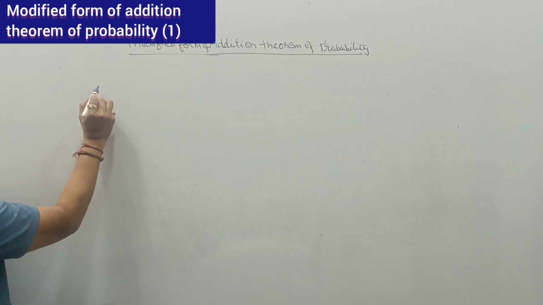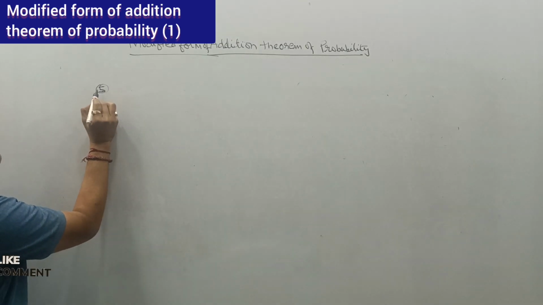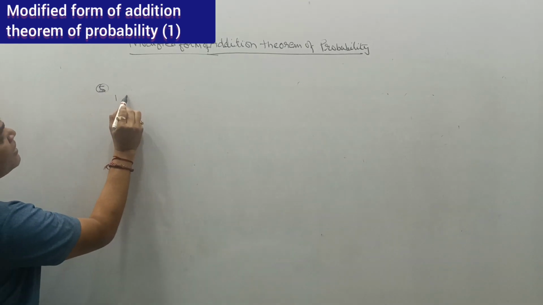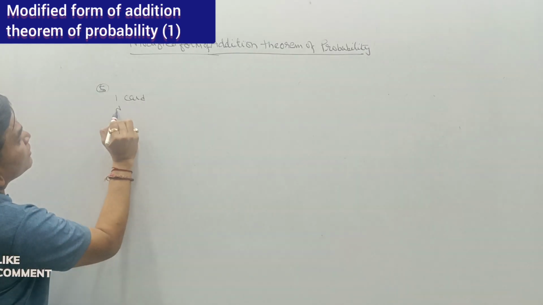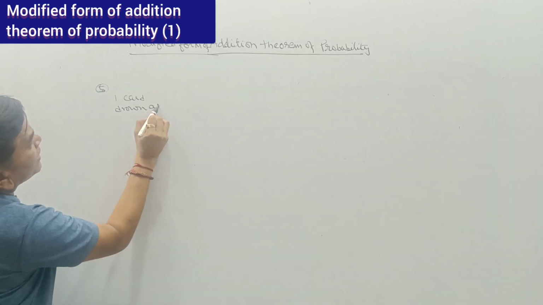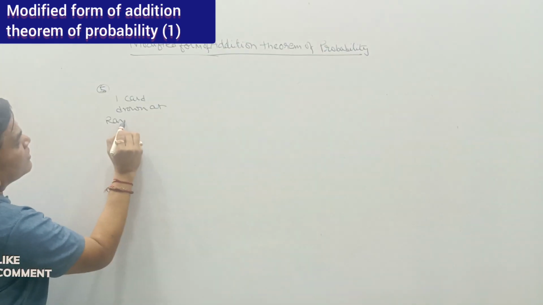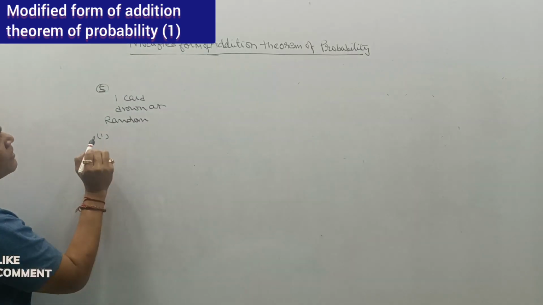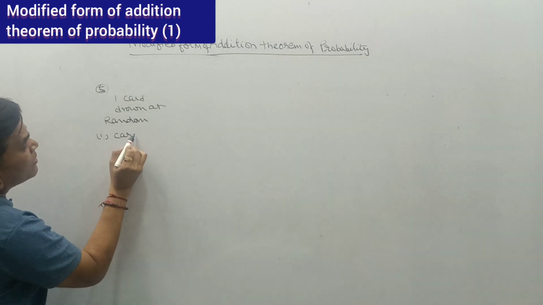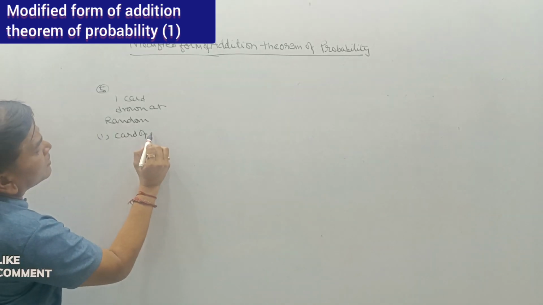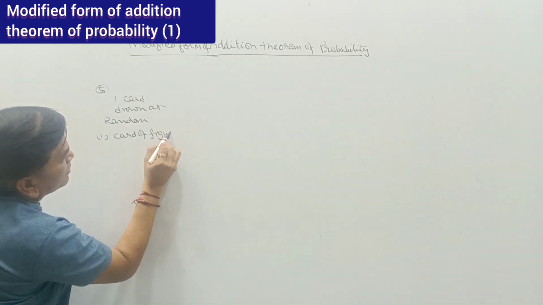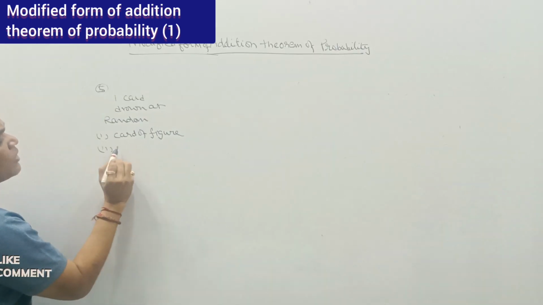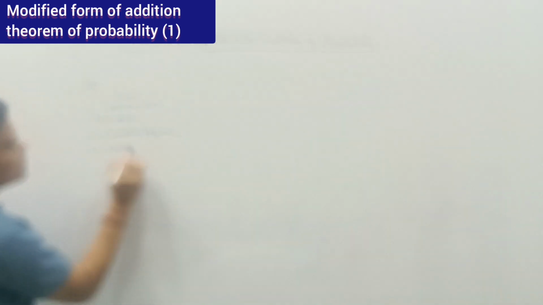From a pack of 52 cards, this is the fifth question, one card is drawn at random, what is the probability that it will be a card of figure, or a card of spade.